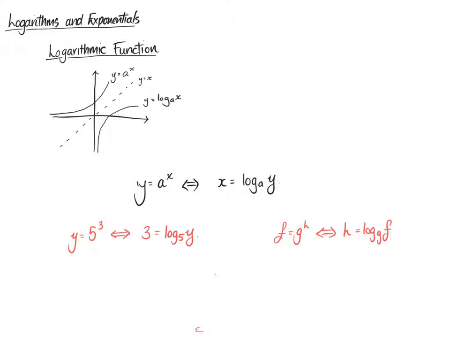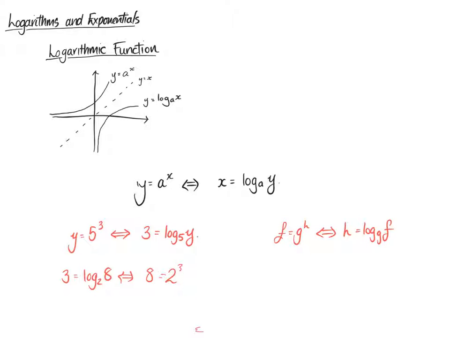Okay? One more I'll use, but this time we'll go the opposite direction. So if I had 3 equals log to the base 2 of 8, and I'm going to go that way, the base of our logarithm becomes the base of our exponent. And then from there, we know that what's in our logarithm, the 8, has got to come out the front, and then our 3 has got to go up to there.